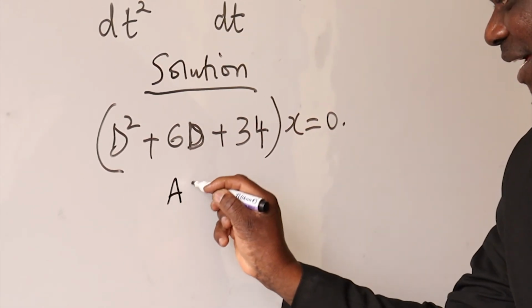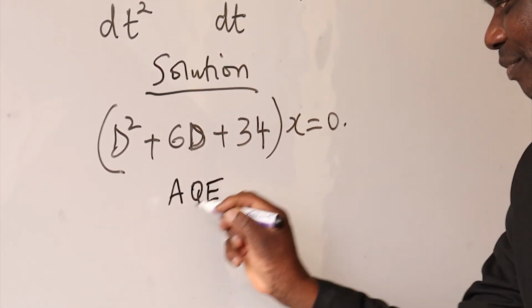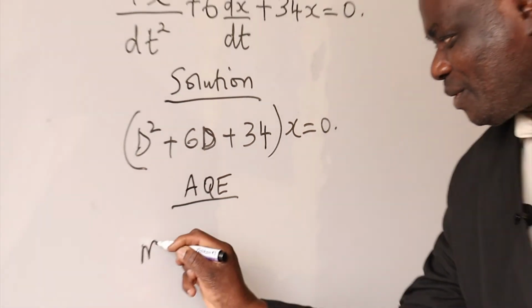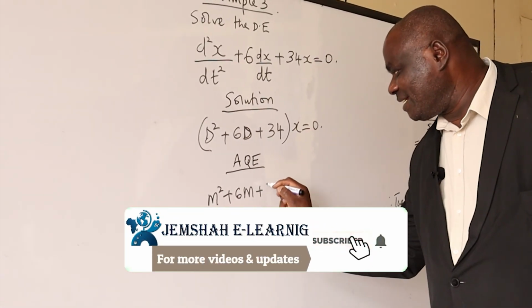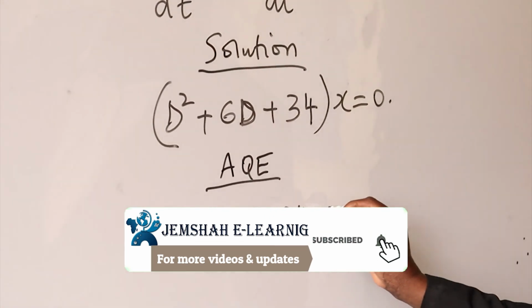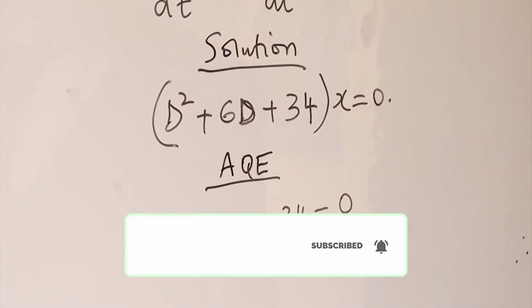We can now prepare the AQE, which will be m squared plus 6m plus 34 being equal to 0.